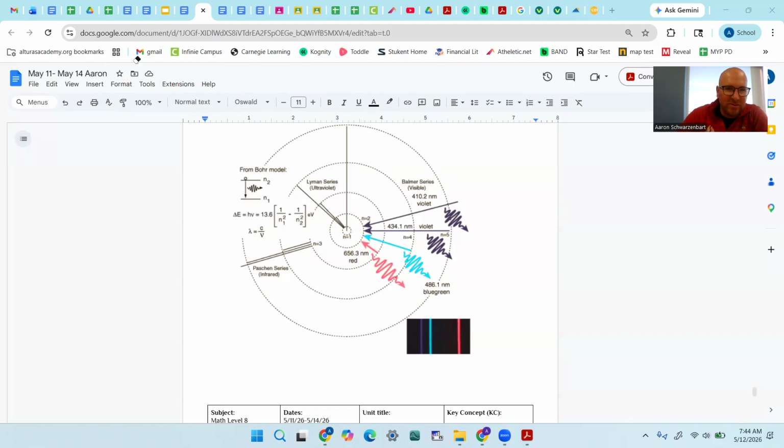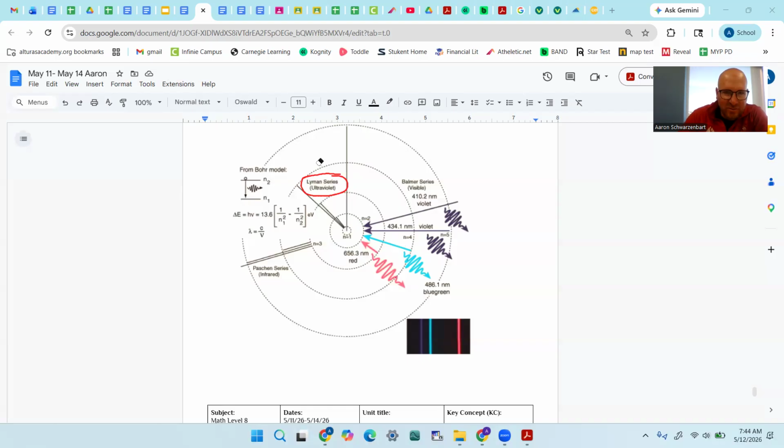So if said electron is here and it drops all the way down to energy level 1, that's the Lyman series, and that's ultraviolet. However, if it drops from here to energy level 2, we see this blue-green color of 486, almost a cyan color.